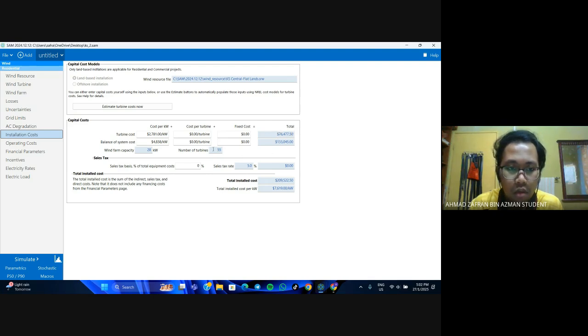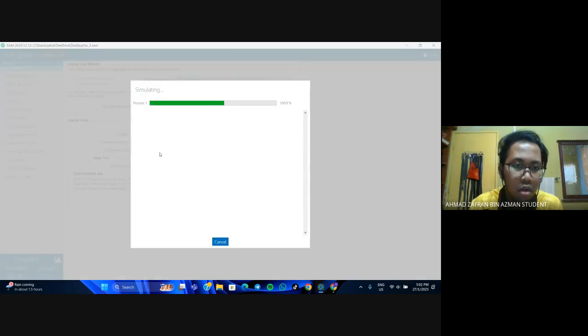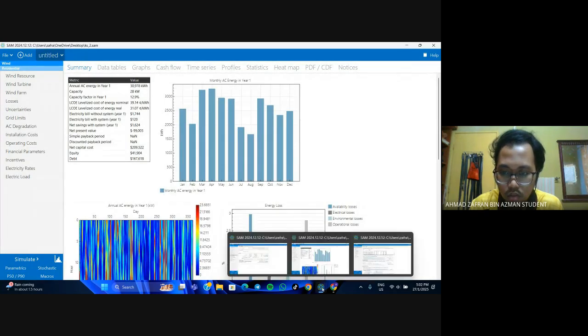When we sum up all, we got $209,522.50, and the total cost per kilowatt is the same as the first model, which is $7,619 per kilowatt.